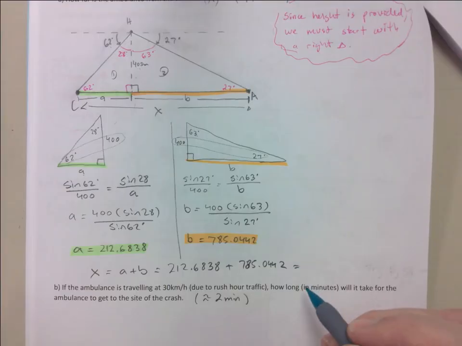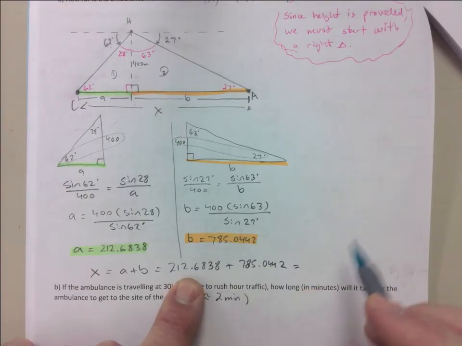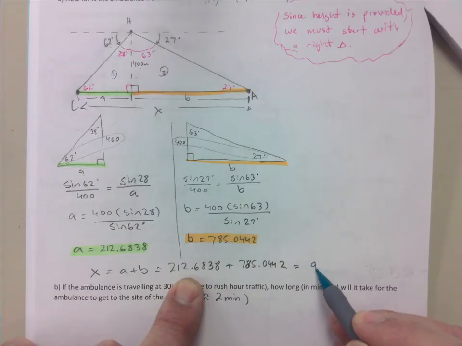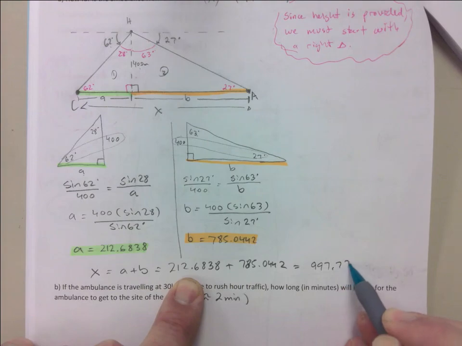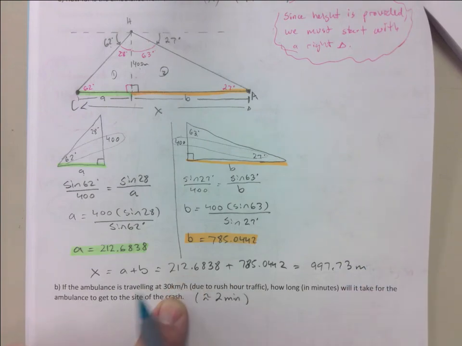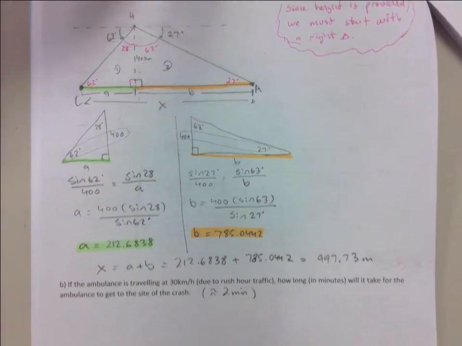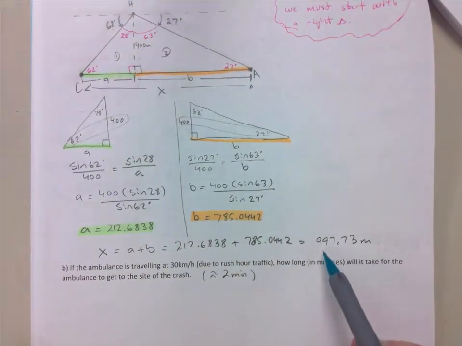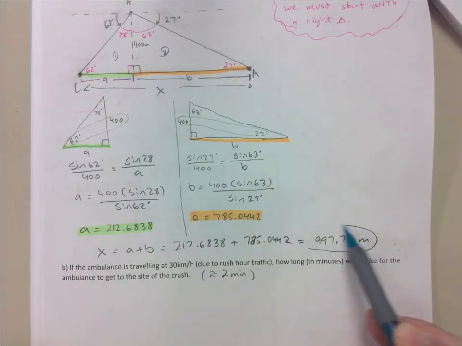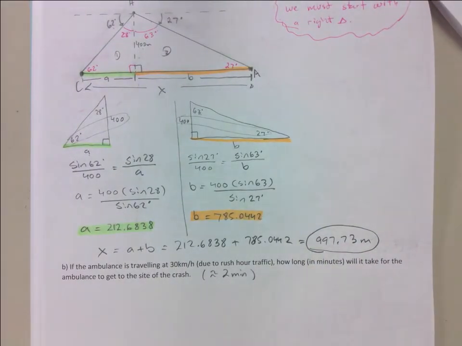That is a total of 997.73. And that's actually okay to say equals, because everything is equal to each other. You're not adding anything to it, like you're not multiplying. So this is what you get overall. That's your final answer in this case.